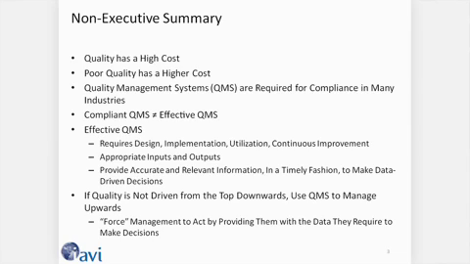So I think these are kind of universal things. Another thing is that a compliant quality management system is not always an efficient or effective one. And conversely, an efficient or effective quality management system isn't always compliant. But usually if you've put the thought into making your quality management system efficient and effective, it will be compliant.